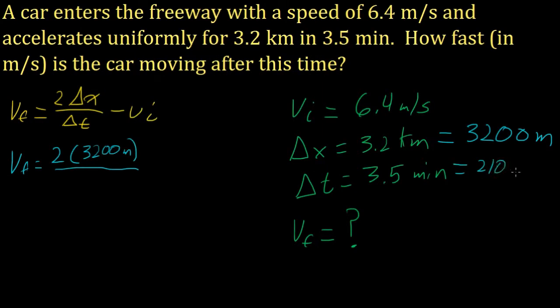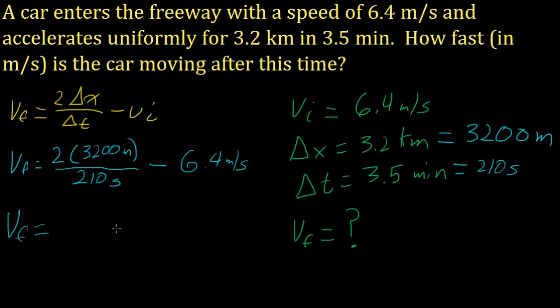Crisis averted, chapter 2. Divided by 210 seconds. Minus your initial velocity, which was 6.4 meters per second. Notice that when we divide this distance by this time, we end up with meters per second minus meters per second, so the units stay the same.